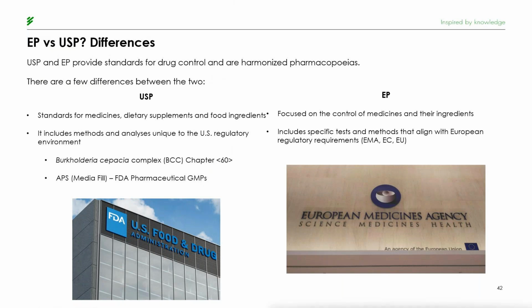The USP includes methods and analysis unique to the US regulatory environment, such as the Burkholderia cepacia analysis in Chapter 60, and the APS is indirectly included in the pharmacopoeia, if you can say so. That is, we can find it in the pharmaceutical good manufacturing practices of the FDA, which is the drug regulatory entity in the USA. And on the other hand, the EP includes specific tests that align with European regulatory requirements and their agencies.